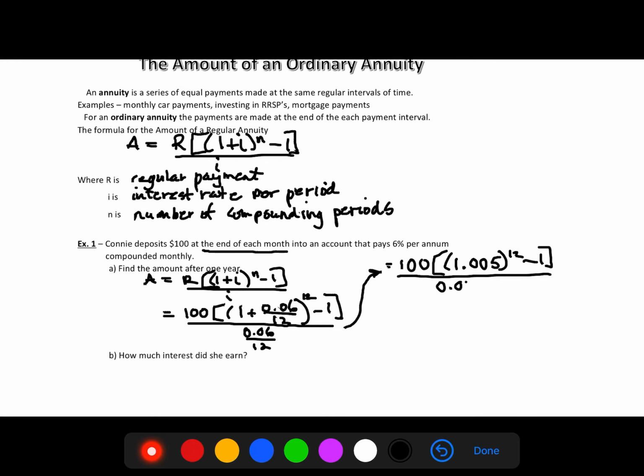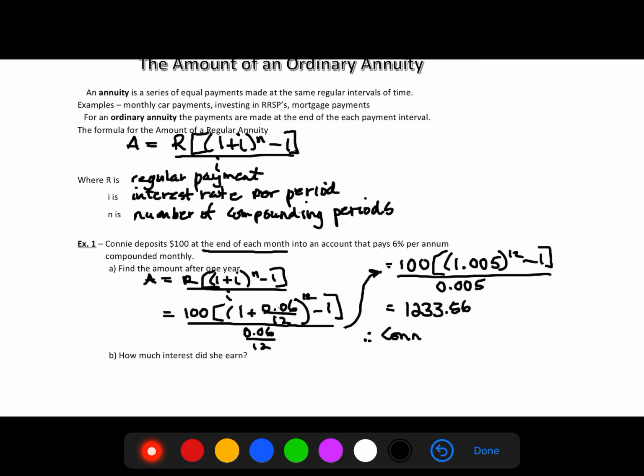Oops, sorry, I missed our n here. So it's 12 times per year for 1 year. So we'll have 1.005 to the power of 12, subtract 1, divided by 0.005. And we can do that all in the calculator in one big step. 1.005 to the power of 12 minus 1 equals, times 100 and divided by 0.005.